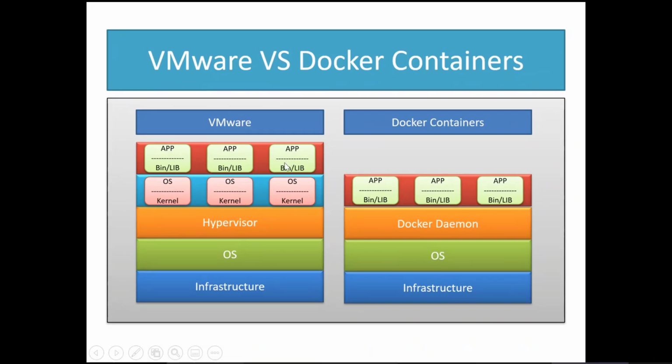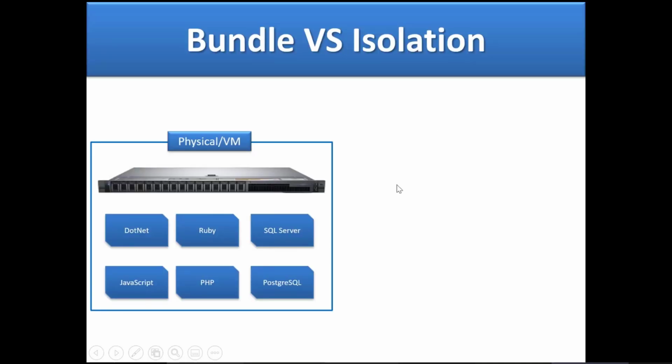So you can clearly see when it comes to VMs, you are wasting a lot of resources, right? So these are the main differences between VMs and Docker containers. Things to remember here is that VMs virtualize your hardware and Docker virtualizes your operating system.